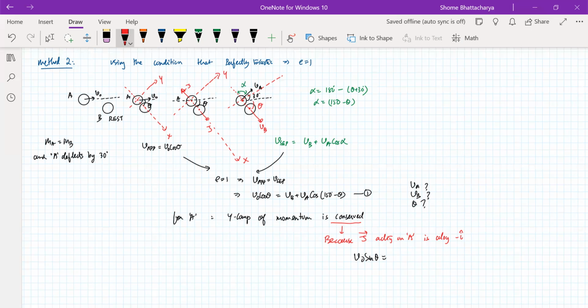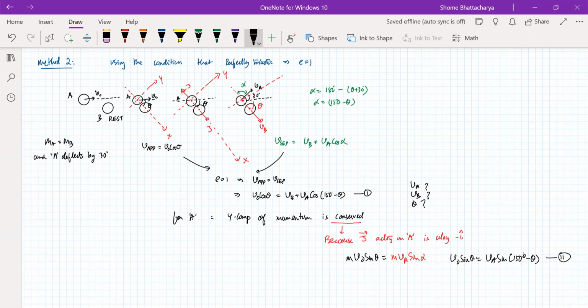VA sin alpha. Since I'm writing momentum conservation, I should write the mass on both sides, but obviously that will cancel off. So that gives me a second equation: V naught sin theta is equal to VA sin alpha, and sin alpha is sine of 150 minus theta. So this is my second equation.